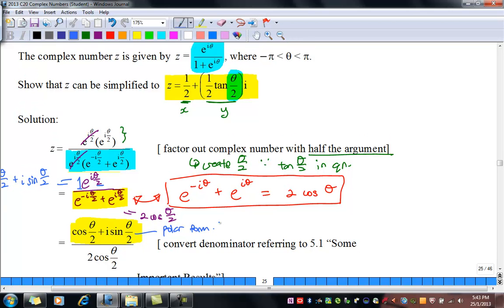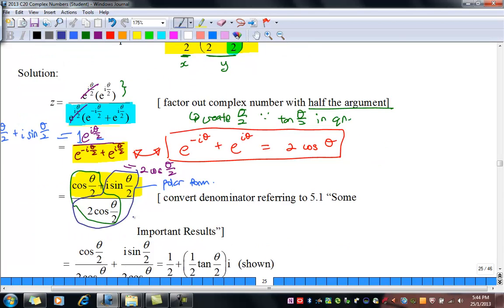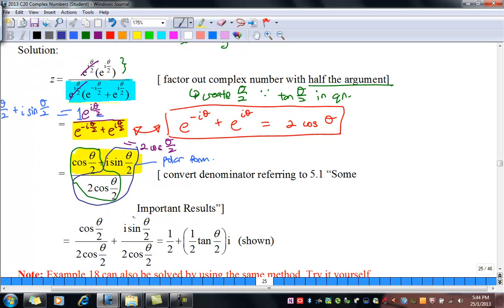And now, I notice that I can split this into 2 fractions, and hence, I obtain this result. And then it is just a matter of very simple simplification, a cancellation over here. While over here, I notice I have sine over cosine, and thus I have arrived at my result.